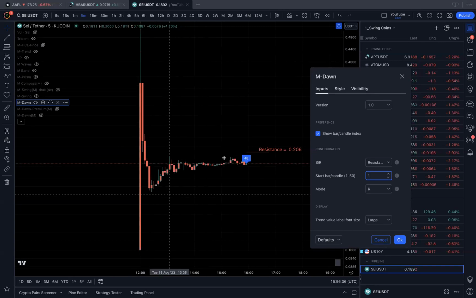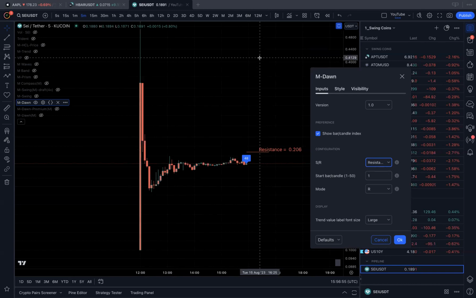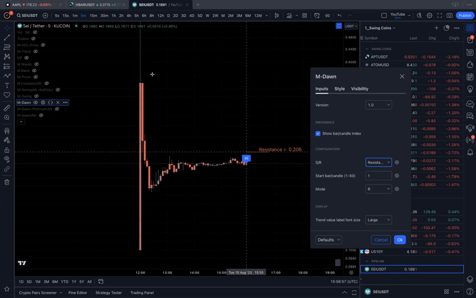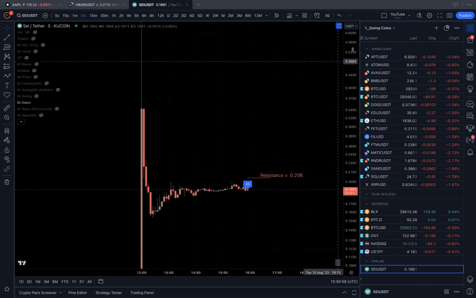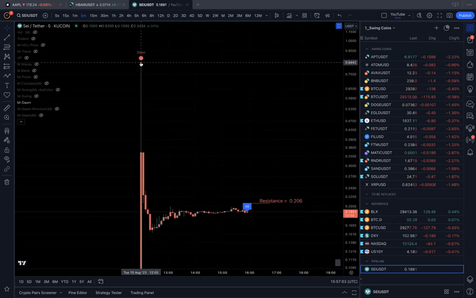Nevertheless, if you're tracking this particular wave, it is still up, it's bouncing. But if you want to see whether it will go for the recent high or a new all-time high, you set it to resistance and ask what resistance it has to break above to go further up. So this is the required level.